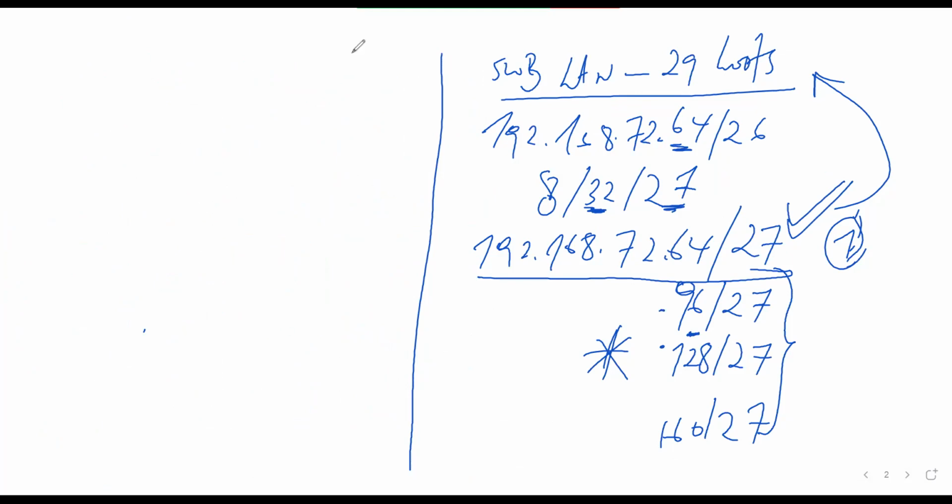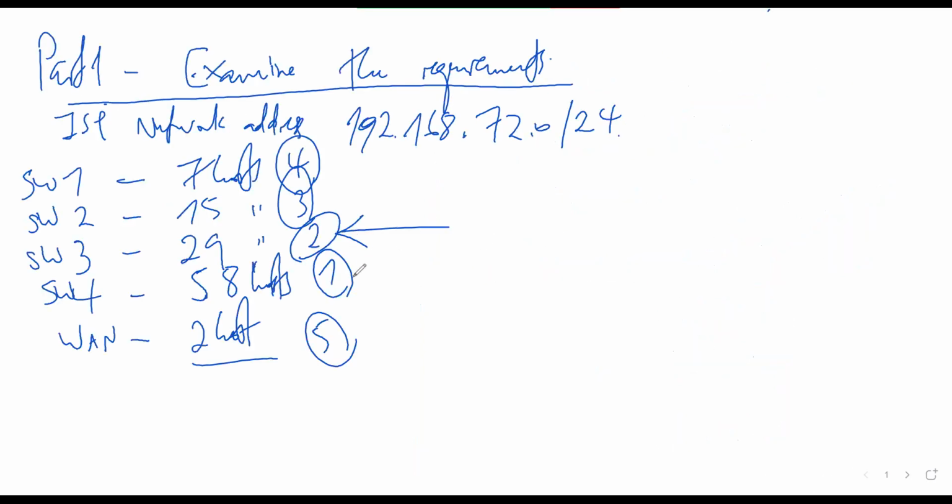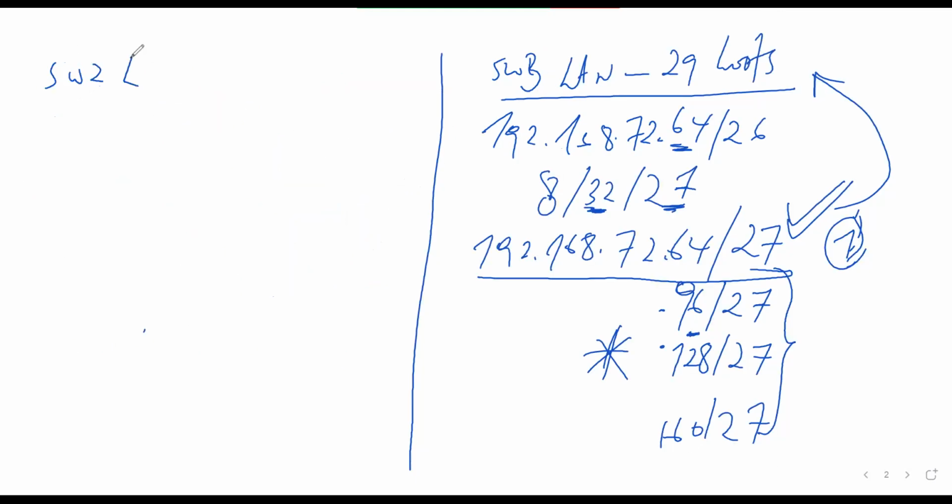Okay. So for the next network, that is switch 2. This one we've dealt with. For the next one, we have 15 hosts here. That is the switch 2 LAN with 15 hosts.